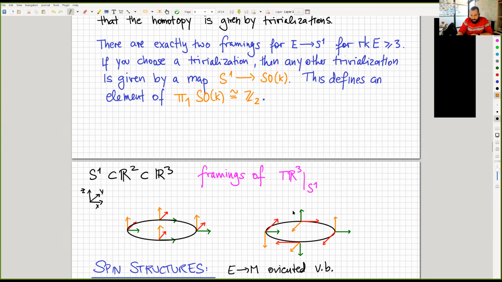And this is exactly the other framing of this vector bundle, right? You can also do it with your three fingers. And this is not homotopic to this one here, because roughly you rotate your two vectors once in this normal plane, and this is not homotopically trivial. You cannot extend this to the disk which S1 bounds.